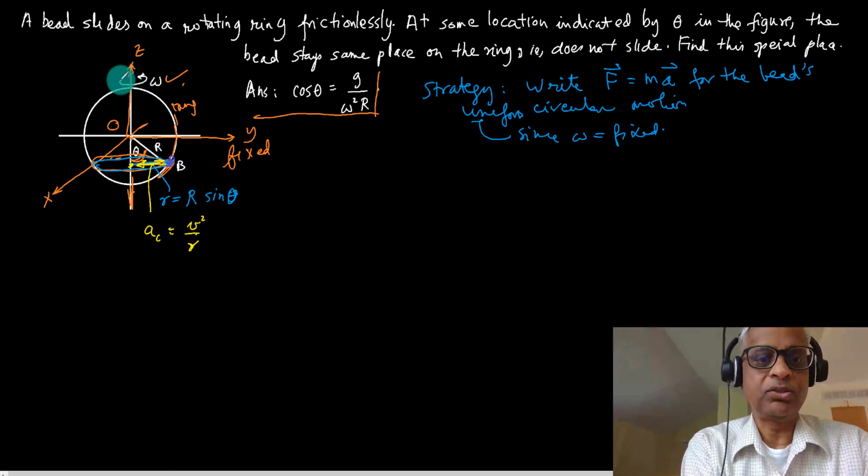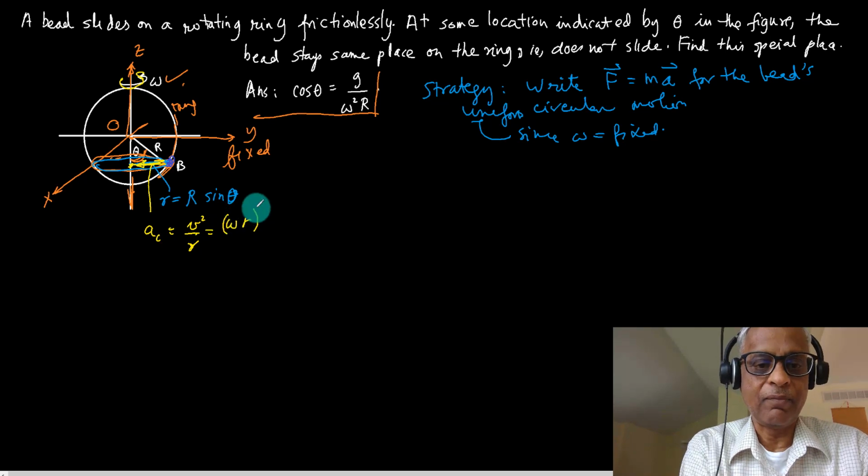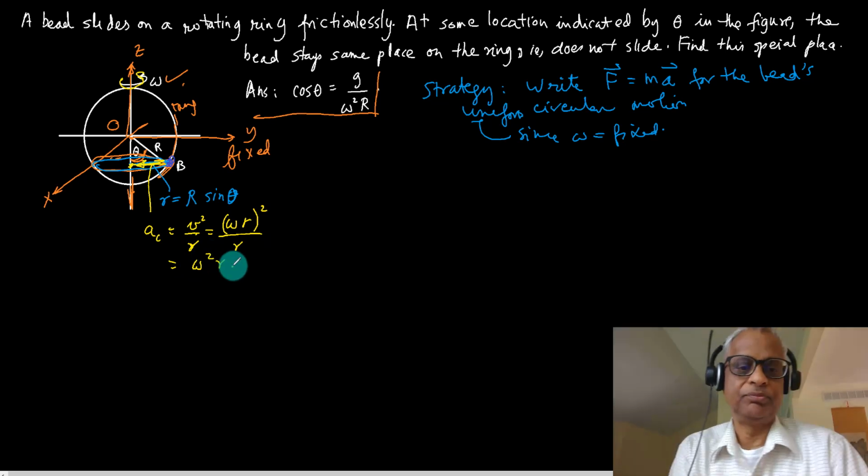It's rotating with omega, but it's going in this radius r. So v is just omega r, squared over r. So the acceleration is omega squared r.